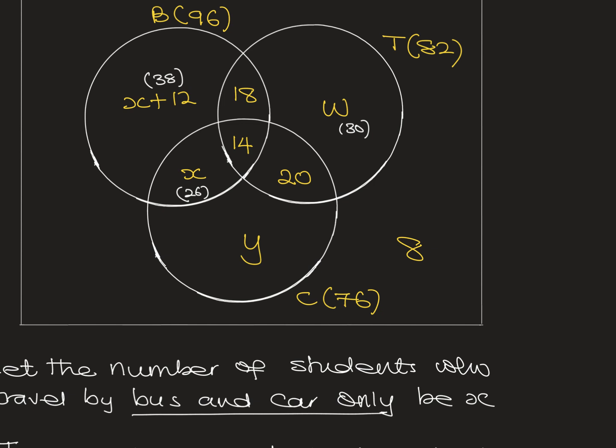Can we find Y? Yes, it's possible to find Y since the total number of students who travel by car is 76. So we're going to say Y plus 20 plus 14 plus X is equal to 76.